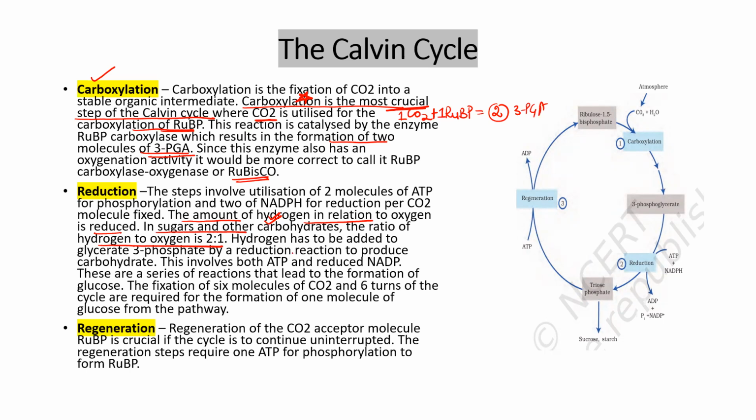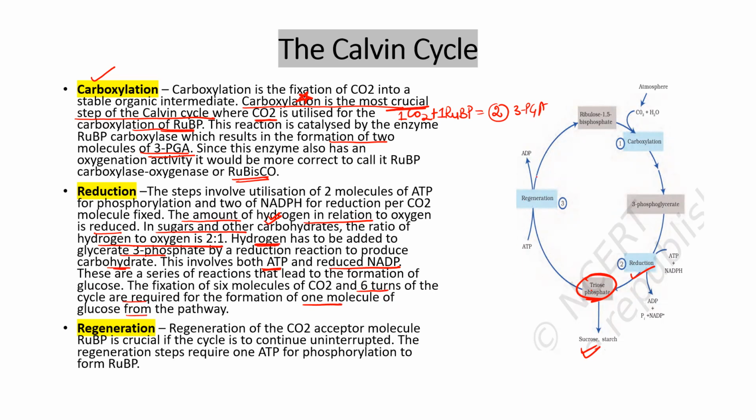In this step, hydrogen has to be added to glycerol 3-phosphate to produce carbohydrate, and we will use both reduced NADP as well as ATP. Finally, the reduction phase will make triose phosphate, which means sugar, and it is used to prepare glucose by different pathways. So 6 turns of the cycle are required for the formation of one molecule of glucose.